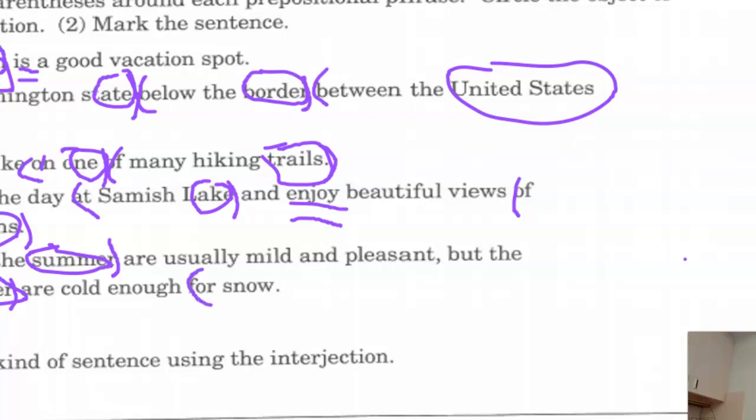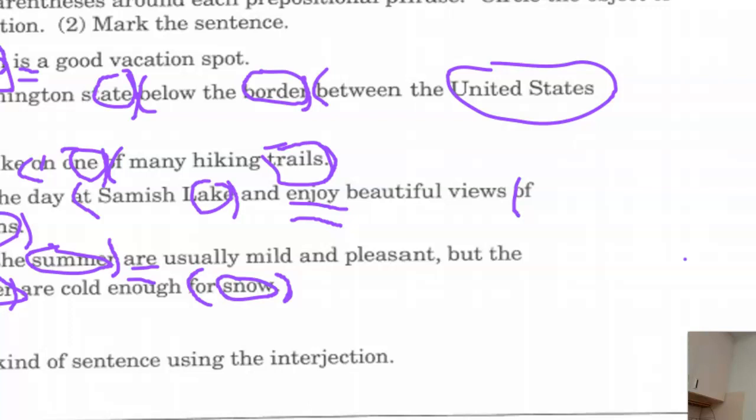We have for snow, which would be object of the preposition. Okay, and then we have temperatures. Temperatures are. And so that is what we should have been able to figure out.